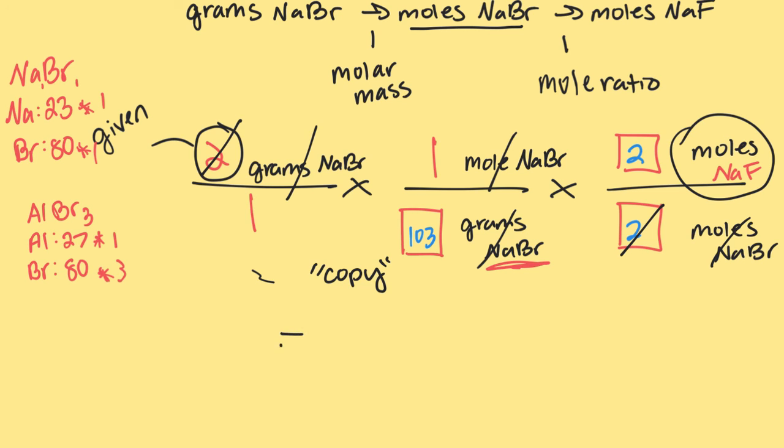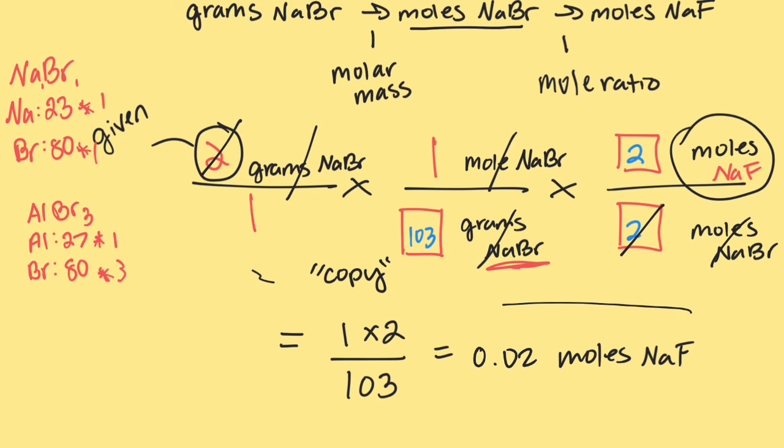Whenever you write it out, it'll end up being 1 times 2 divided by 103, and whatever that is, that's going to be in moles of NaF. It's 0.02. So that's your answer. All your answers should look like this. Make sense? Yeah.